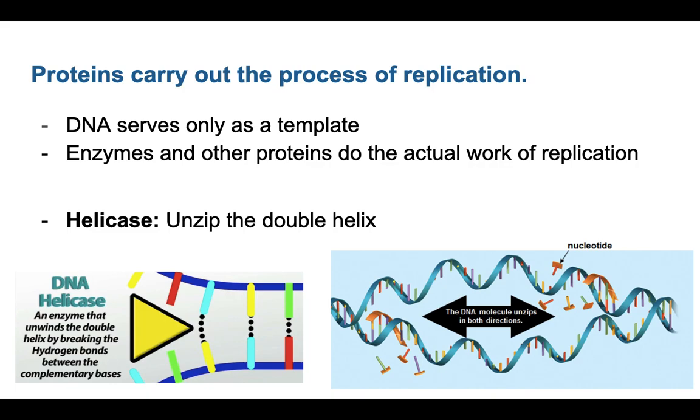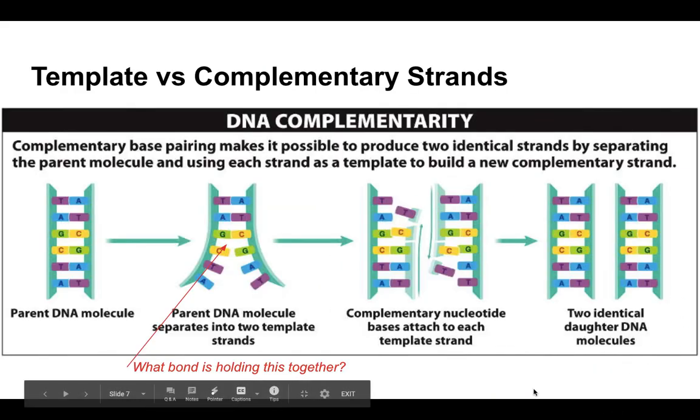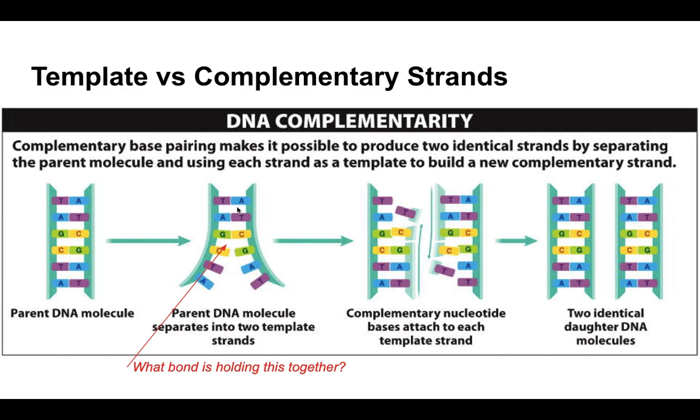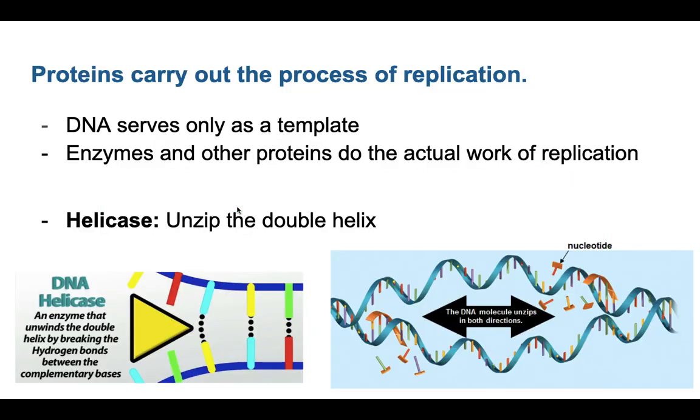The first one, protein or enzyme, remember all enzymes are proteins, so that's why I'm using these words interchangeably. The first enzyme that is helping the process of replication is helicase. And helicase is what's going to unzip, break these hydrogen bonds, open up, separate the original strand. That's going to be helicase.